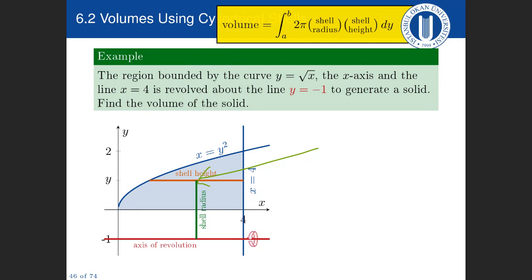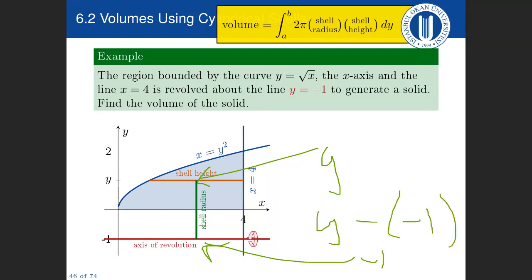At the top, I have y, and at the bottom, I have -1. I want to do top minus bottom, so y minus -1. The shell radius now is going to be y plus 1.